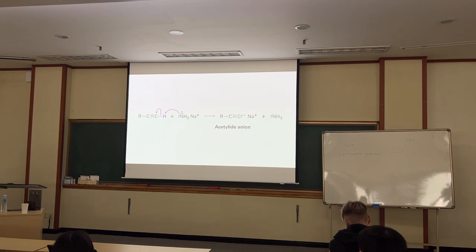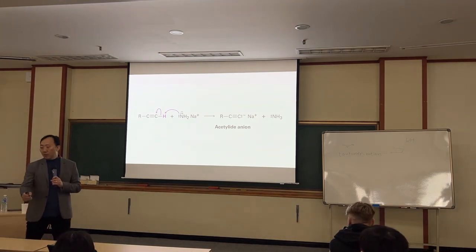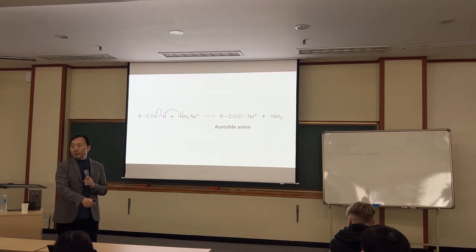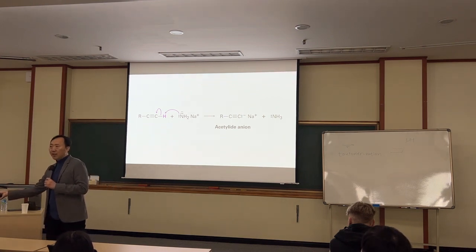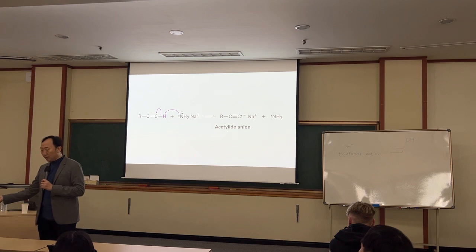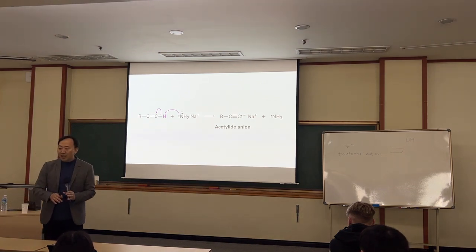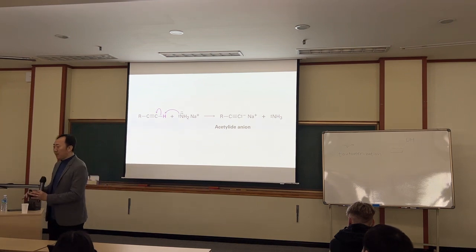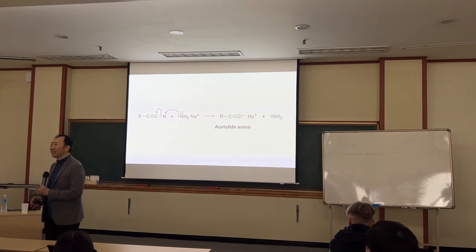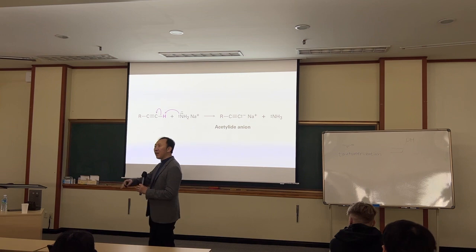This NH2 minus, what do you call it? Ammonia, ammonium, ammonite? Yeah, ammonite is a good option. In this case, amine, ammonium, this is ammonite. So NH2 minus is called an amide as a class.